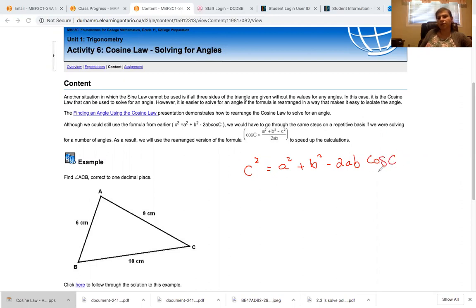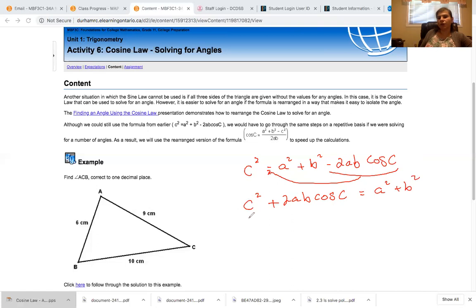If I want to isolate for cosine C, the first thing I want to do is move this over to the other side. And by moving it to the other side, it's going to become a positive. So it's going to be plus 2ab cosine C equals a squared plus b squared.